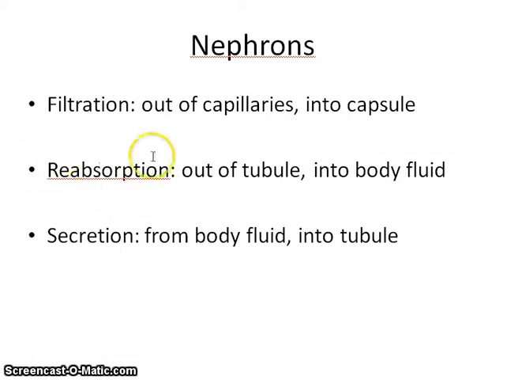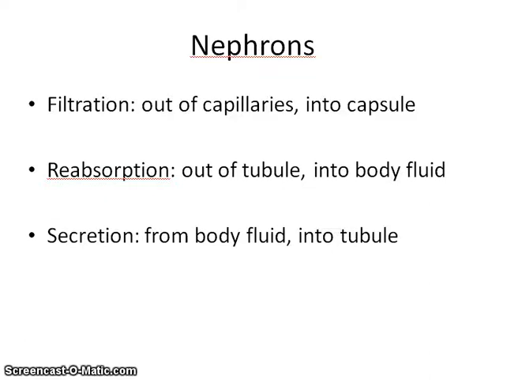If you are reabsorbing a nutrient, let's just say it's sodium, it's coming out of the tube into your body. So your body is reabsorbing it. If you are secreting a sodium ion, it's going from your body into your tube, right?